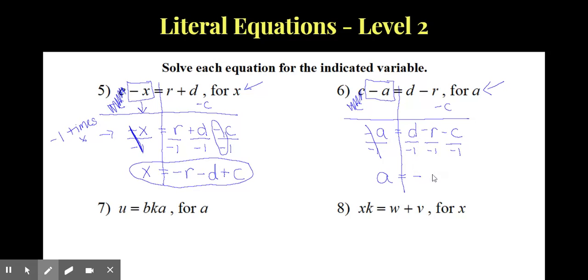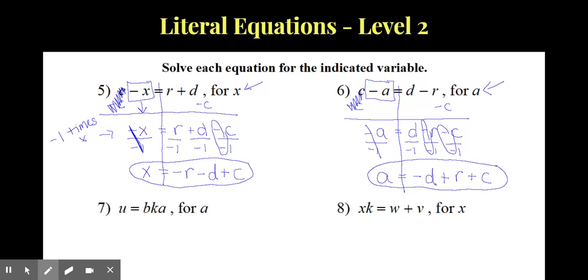D divided by 1 is d. Next, I have a negative divided by a negative. That makes positive. R divided by 1 is r. Finally, I have another negative divided by a negative, which makes positive. C divided by 1 is just c. So here's my final answer. A equals negative d plus r plus c.